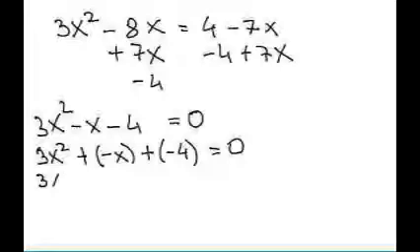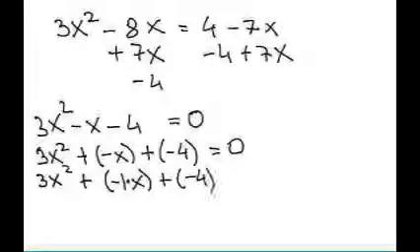Well, normally I don't write these things out, but for now I will. Whenever there's this coefficient now is a minus sign, which really just means that we have a minus 1 times x, and then we have the plus negative 4 equals 0. So even if I don't usually rewrite stuff in this form, it helps me to think about it this way when I try to identify the coefficients.